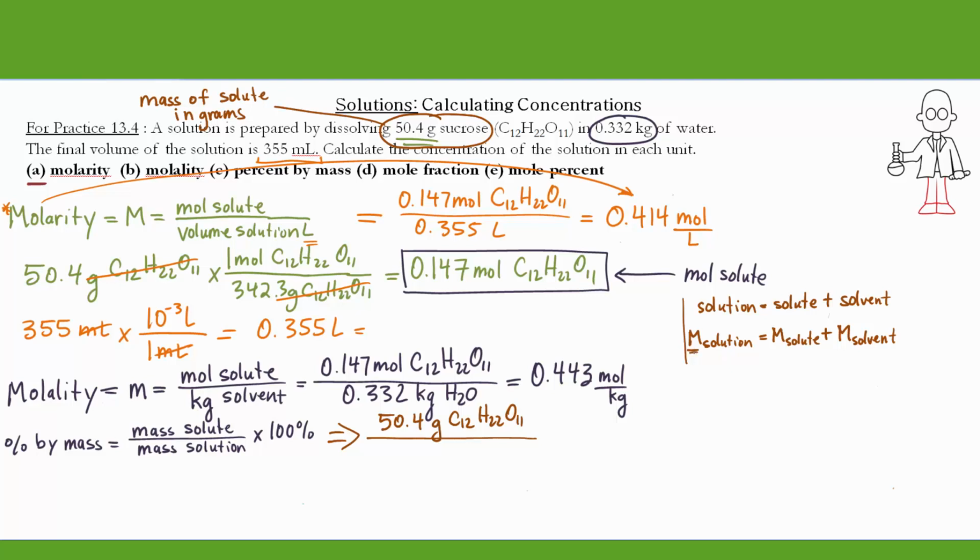I am using this notation for mass, not molarity. So, since we already have our mass of solute in grams, we're going to keep the unit of grams. So, the mass of the solute, this right here, is 50.4 grams.